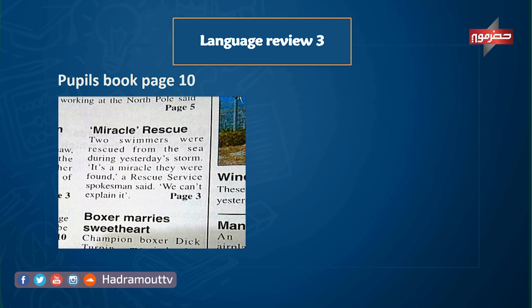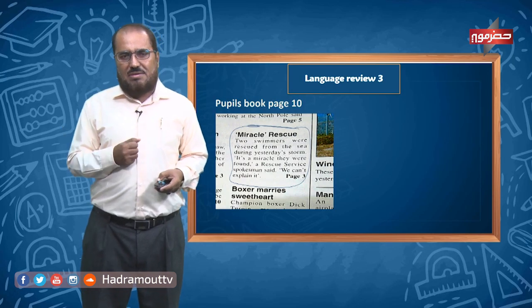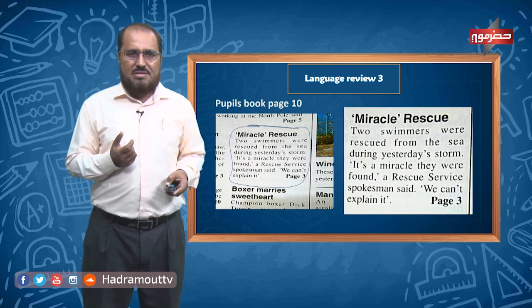Here is page 3. You see this? What we have said before, miracle rescue. Let's circle it here. Make a circle. Yes, like this. Do you see it now? Yes. Let's present it more clearly.